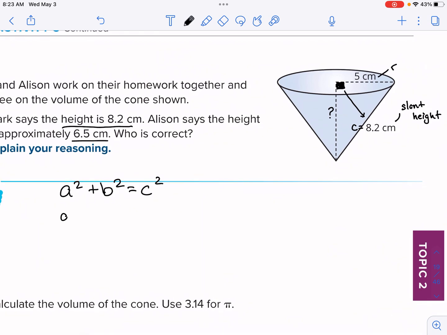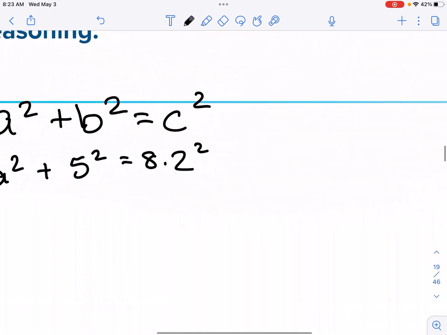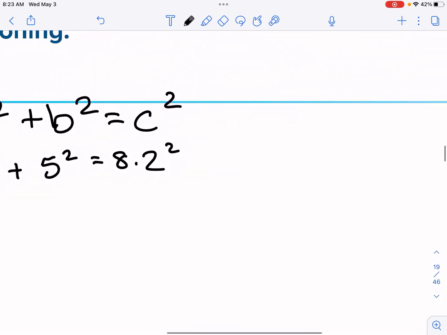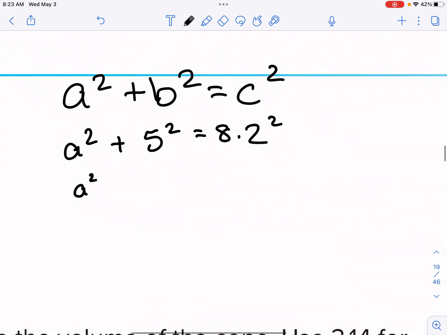So we have a squared, and we'll say that that's the height. a squared plus 5 squared equals 8.2 squared. So we have a squared plus 5 squared, which is 25. And then 8.2 squared, I'm just going to do that on my calculator on the side, is approximately 67.24.